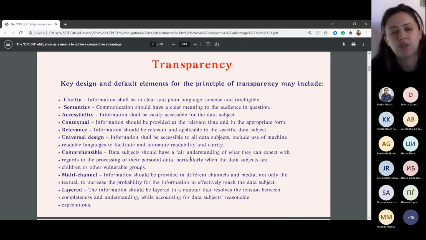So there is a series of sanctions that may be implied in terms of non-compliance, in terms of not respecting these principles. So with this in mind, we can continue to see some examples in order to get more familiar with these guiding principles.